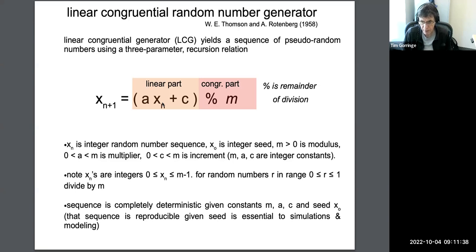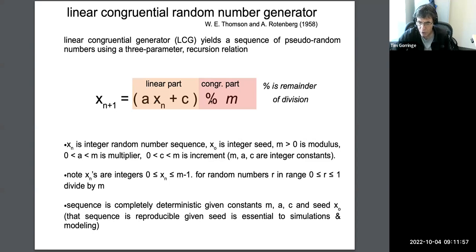The linear piece is on the left-hand side, and the congruential piece is on the right-hand side. These two pieces together involve the arithmetic of multiplication, addition, and division.